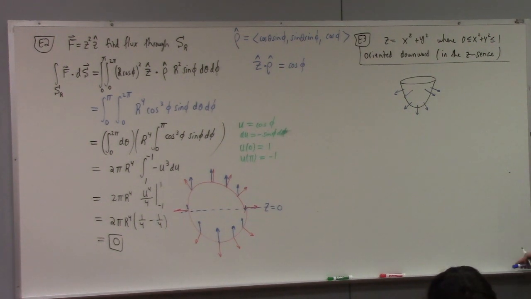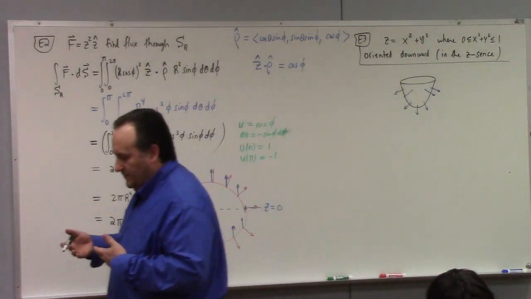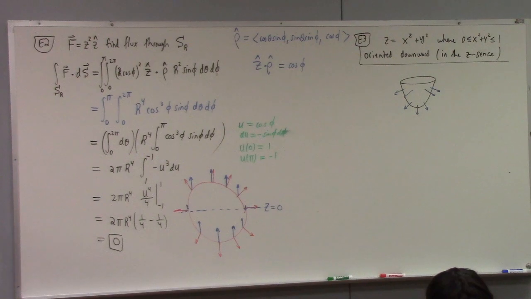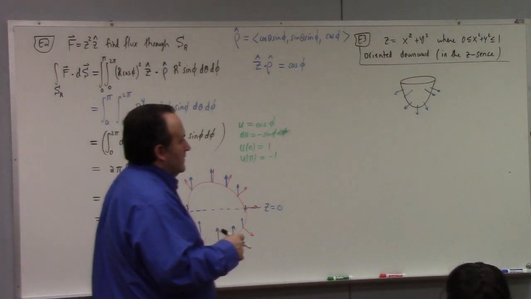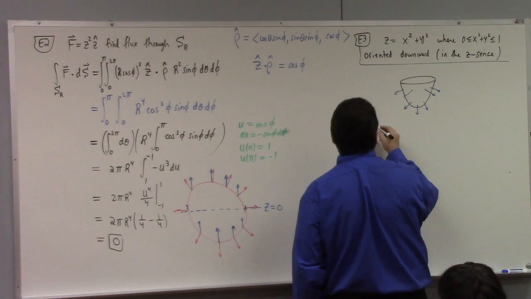Now in the notes, I have, as one of the cases, how to set up the flux for a graph, right? So if you have a vector field, you're calculating the flux through a graph. That's one of the numbered examples here. But we can work it out. So in this case, what's my parameterization?